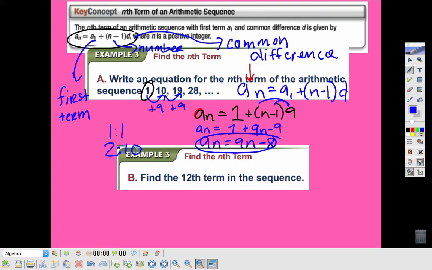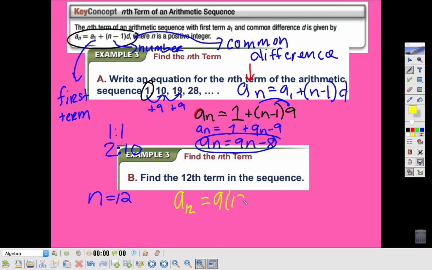So now I want to find the 12th term. It would be a bummer to have to go and write all these out to the 12th term. But now that you've written this equation, you can find the 12th term. So in this case, n equals 12. The number term that you're looking for is the 12th term. So you plug it in.